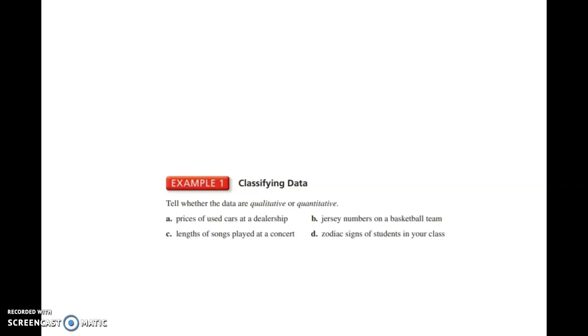Okay, so the first type of questions that you may be asked are to classify data as qualitative or quantitative. So the first one here is prices of used cars. So prices is amounts of money. So this one here would be quantitative because we're going to use numbers to give prices of those cars.